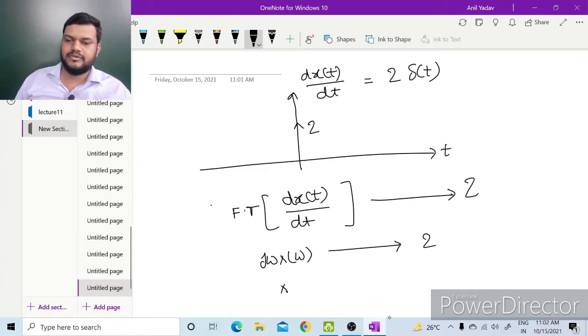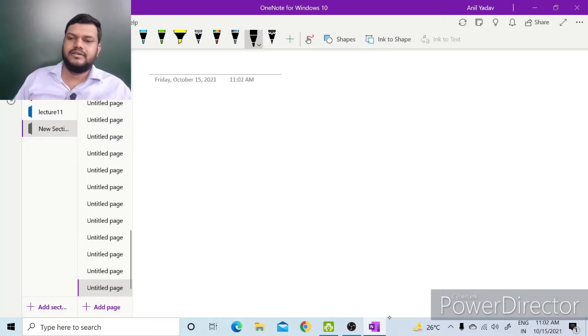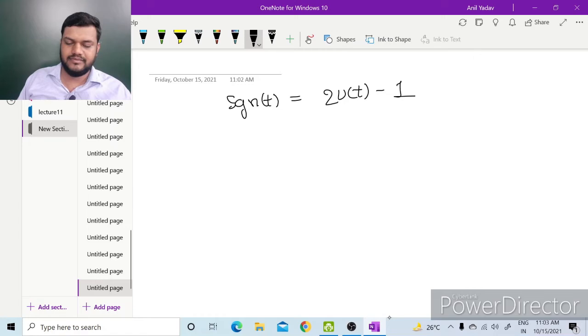It means X(omega) is 2 by j omega, which is Fourier transform of signum t. So signum t has Fourier transform 2 by j omega. We can write signum t as 2u(t) minus 1. So taking Fourier transform on both the sides, signum t has Fourier transform 2 by j omega.